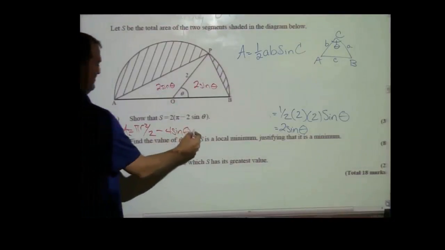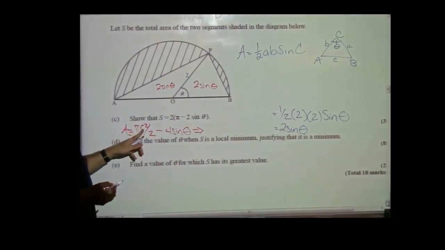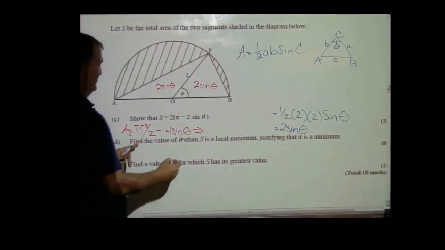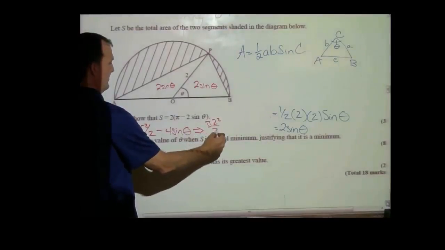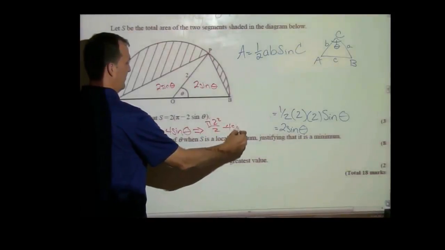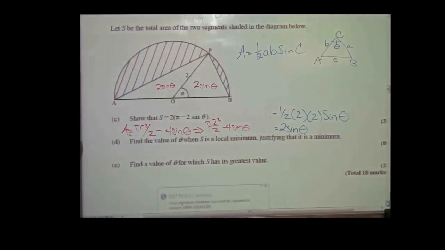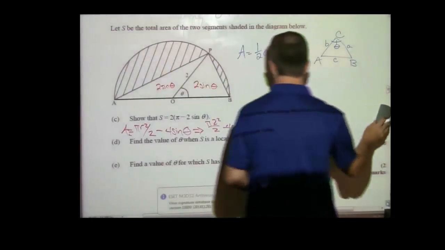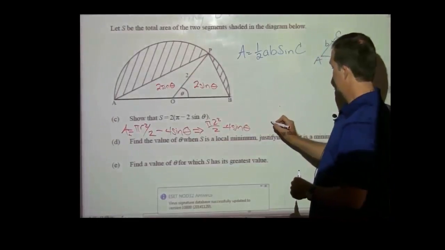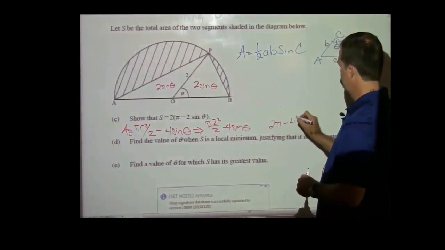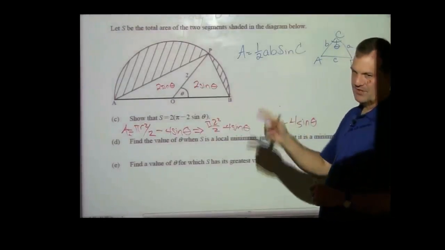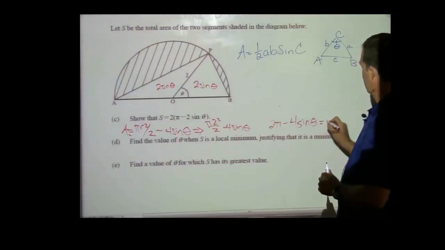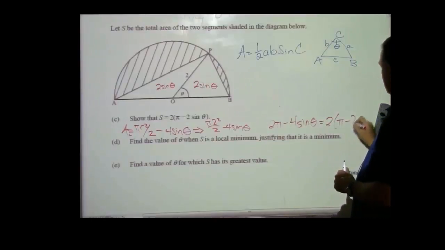The radius we know is 2. So pi 2 squared over 2 minus 4 sine theta. I'm making that a lot longer than it needs to be. Again, show that means make your answer look like theirs. So it will be 2 pi minus 4 sine theta.